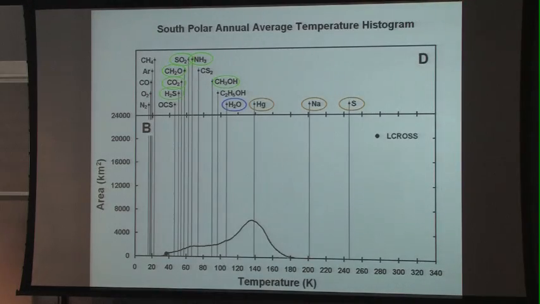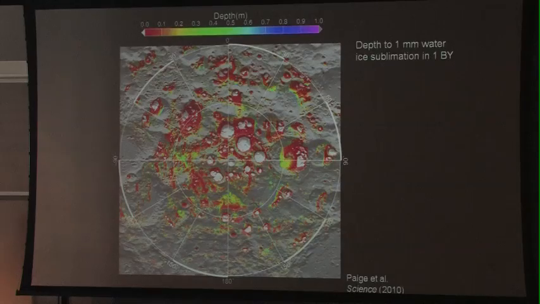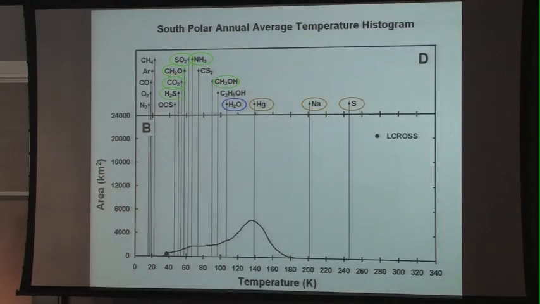We have, though, one piece of really exciting ground truth, and that came from the LCROSS impact. LCROSS impacted into Cabeus, into a region of permanent surface ice stability. It turns out to be one of the coldest places on the moon. This shows a histogram of all of the temperatures in the south polar region of the moon.